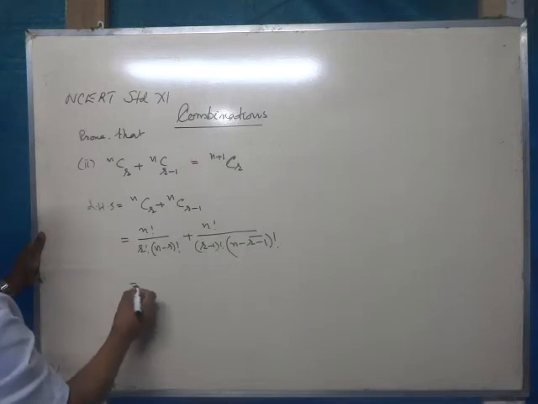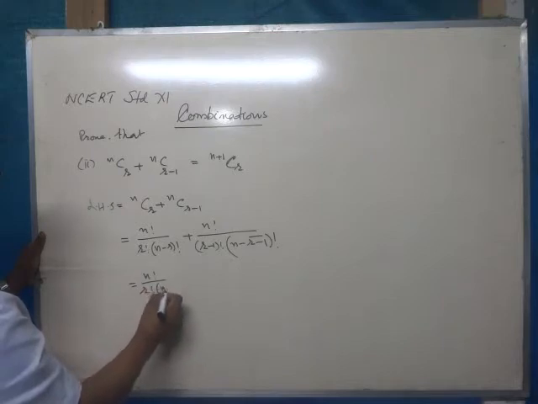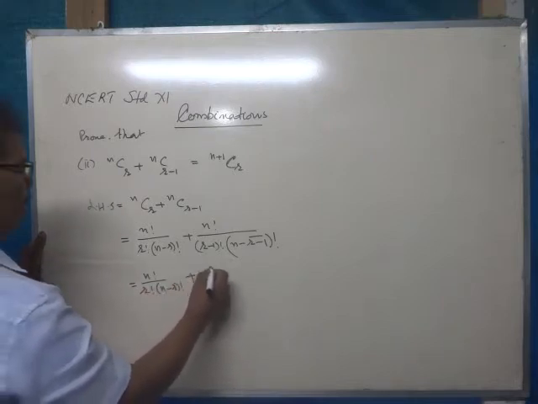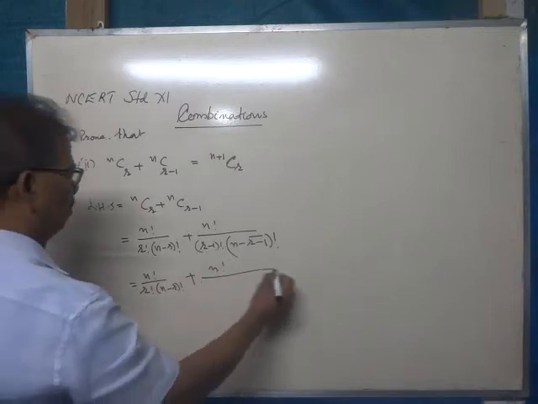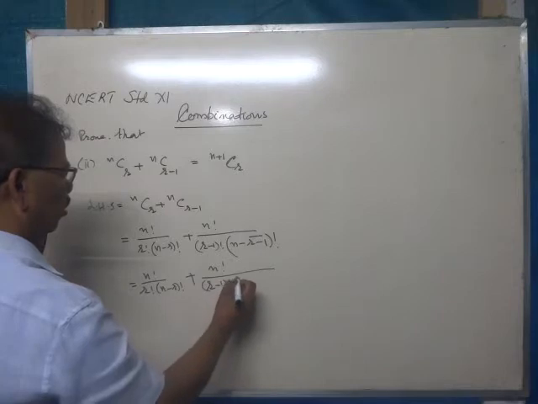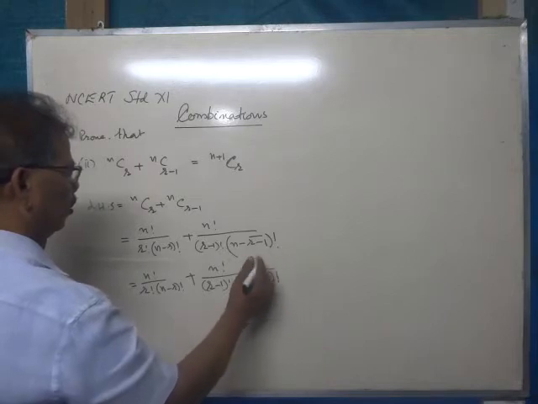That is equal to n factorial by r factorial into (n minus r) factorial, plus n factorial by (r minus 1) factorial into (n plus 1 minus r) factorial.